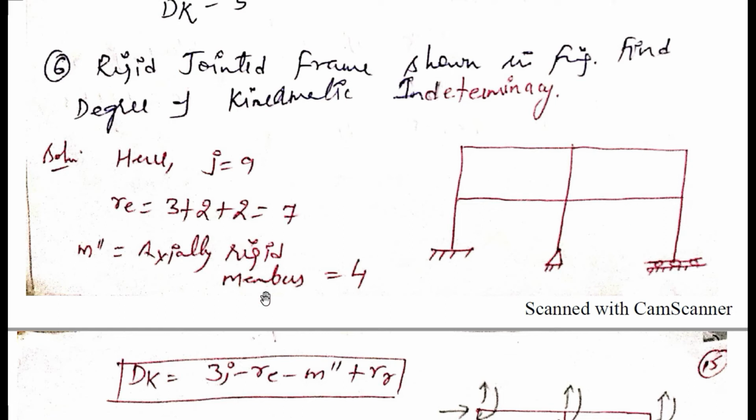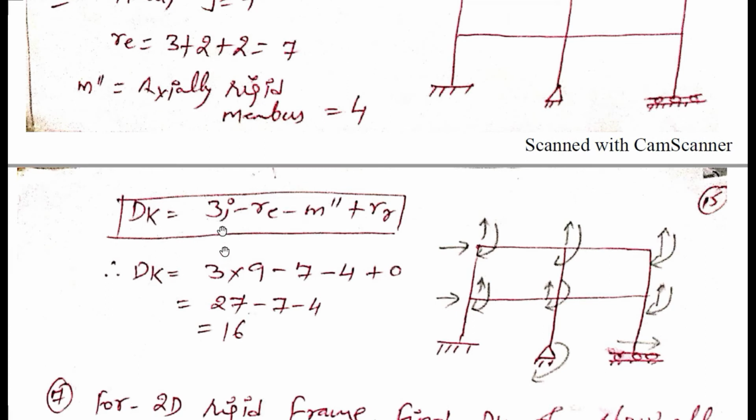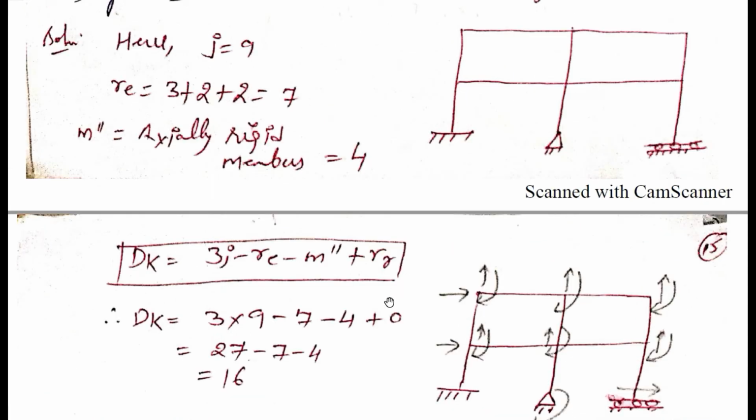The dk value is given as 3j minus re minus m double dash plus rr. So 3 into the number of joints 9, re is 7, minus m double dash which is 4, and the rr value is 0 because we do not have any hybrid joint or internal hinge here.